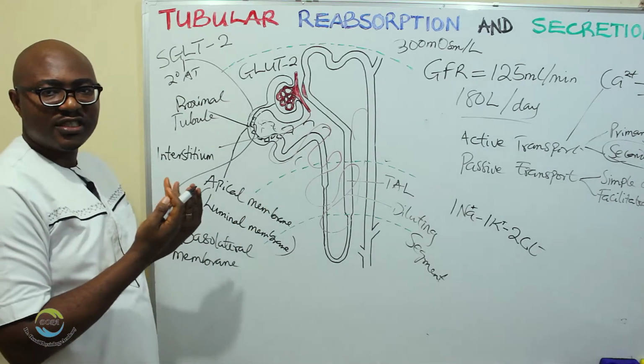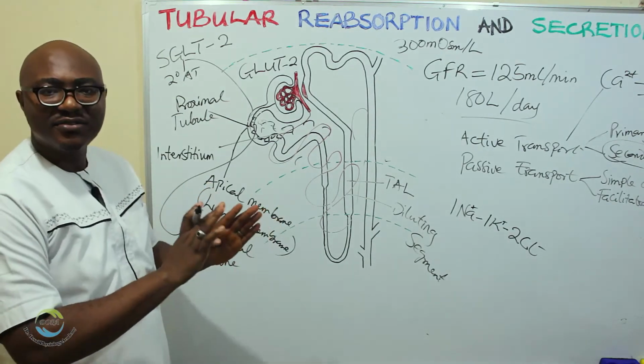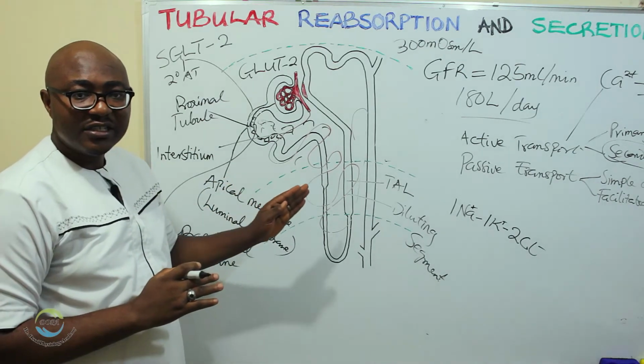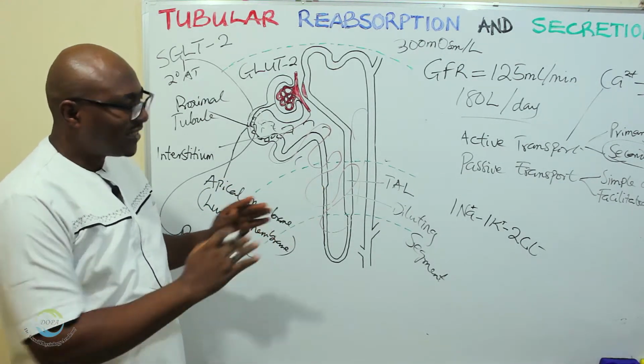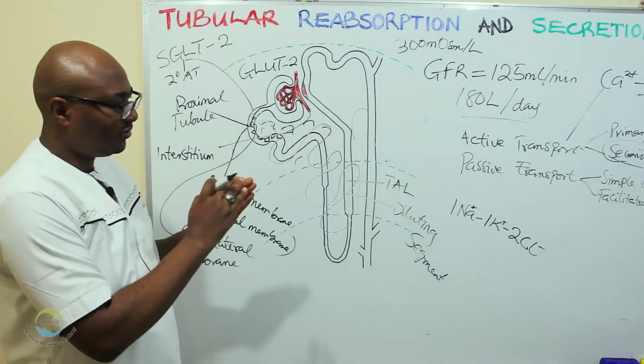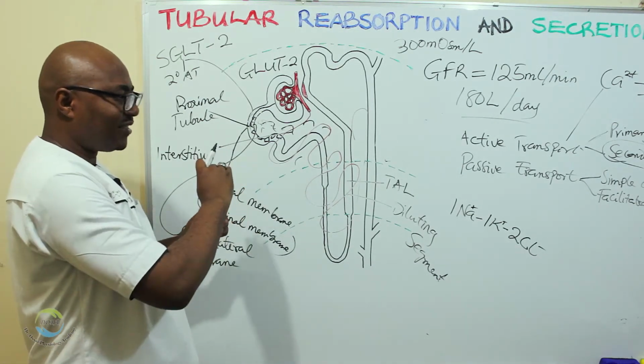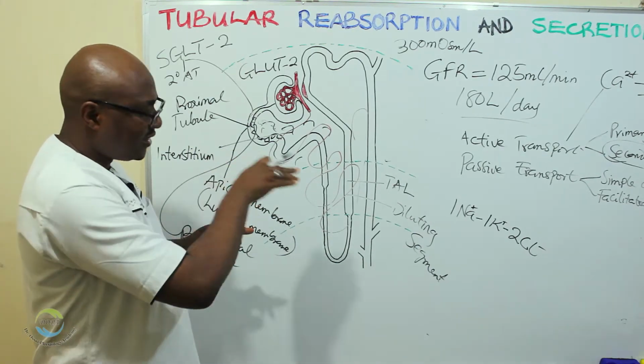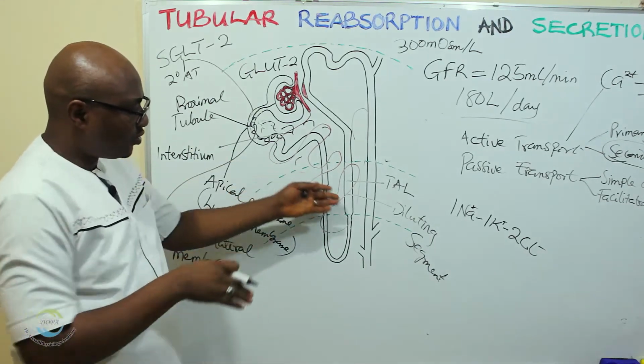What is the secretion that happens there? Mainly the secretion is the hydrogen. As sodium is going, there's also an exchanger that exchanges hydrogen, so it's secreted into the tubule.